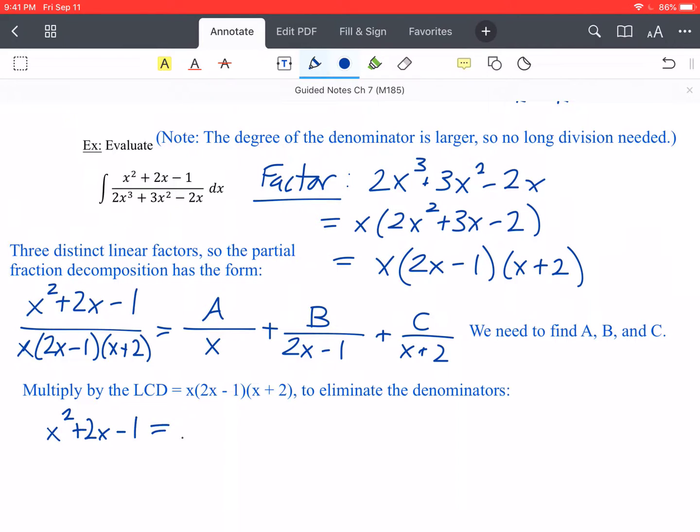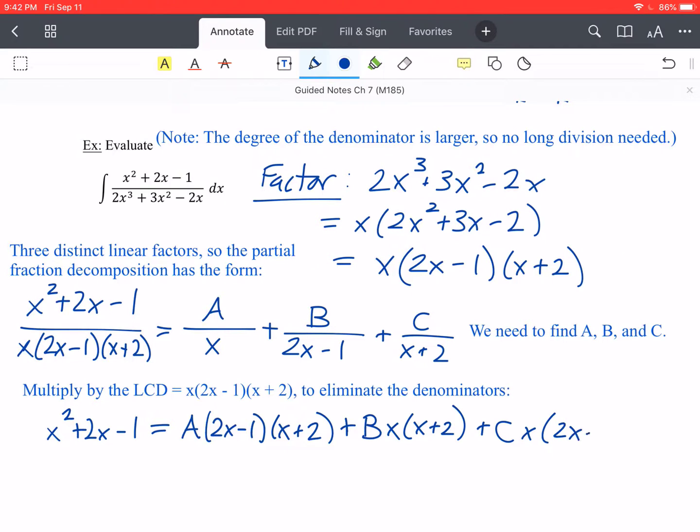On the right hand side we have A times, so the x cancels, so we have both of those left over. So we get A times 2x minus 1 times x plus 2 plus B times the terms that don't get canceled, so that's x and x plus 2, plus C times the terms that don't get canceled, so x and 2x minus 1.